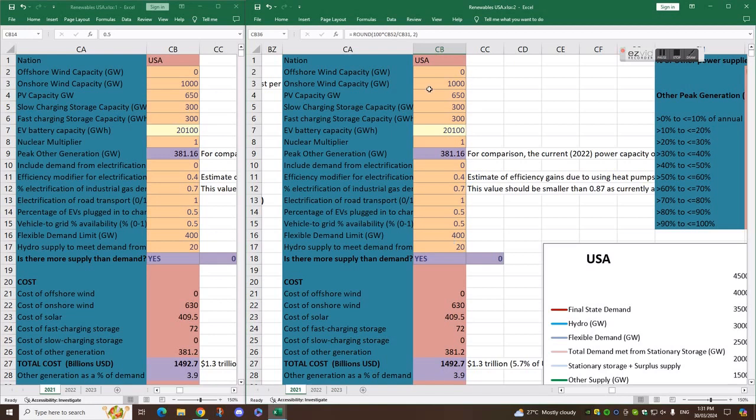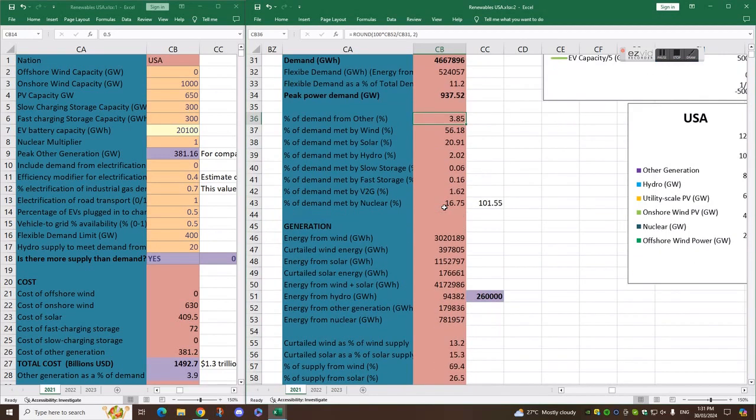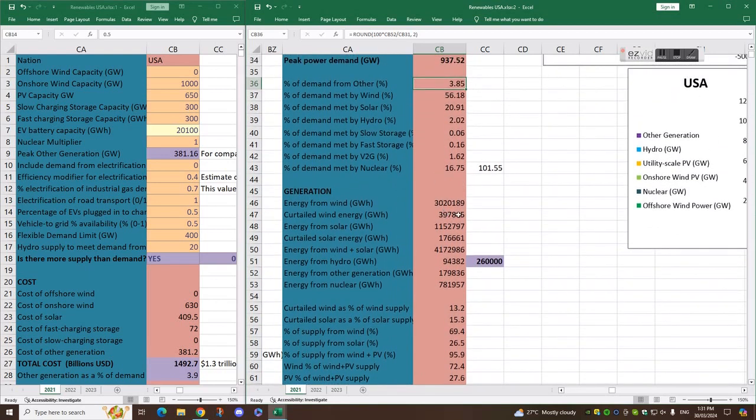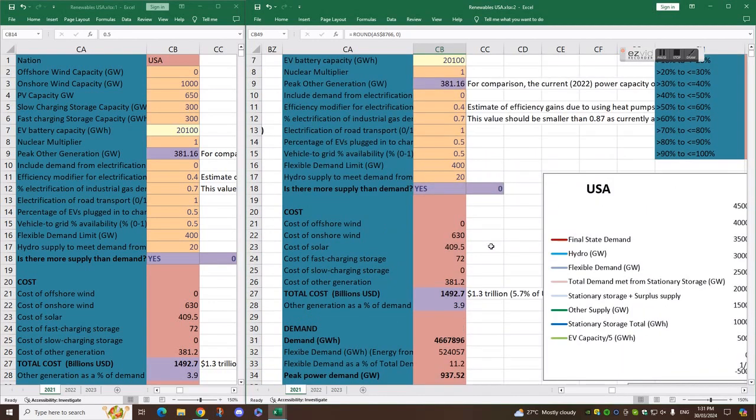We haven't increased the amount of wind or PV capacity. The reason why is because there was already a surplus of wind and PV power. The curtailed wind and curtailed solar energy, energy that hadn't been used, was curtailed. So that surplus energy can be used to recharge the batteries in the electric vehicles.